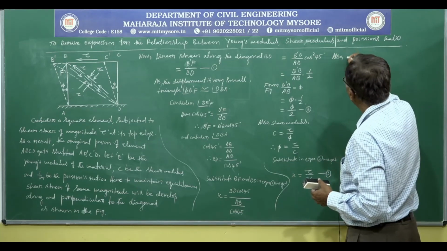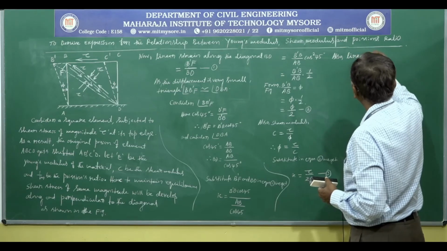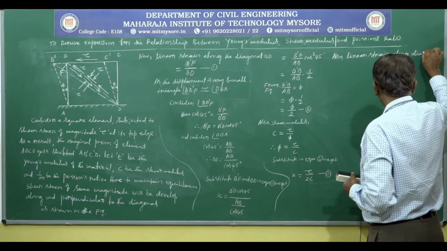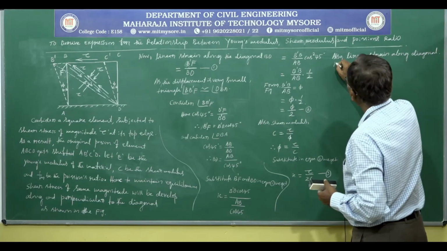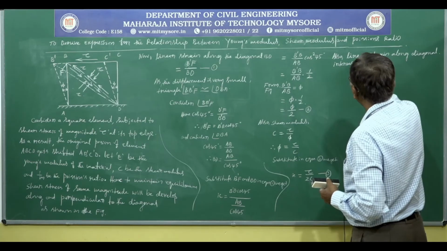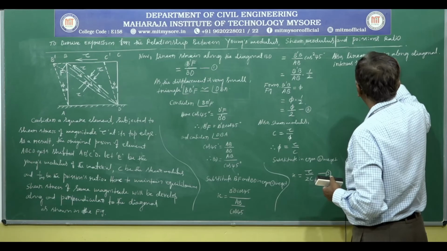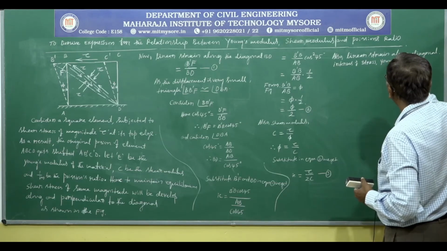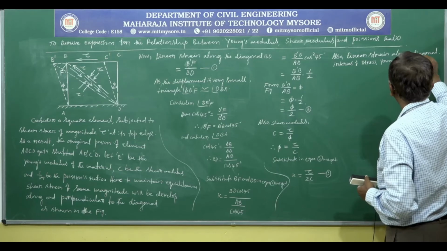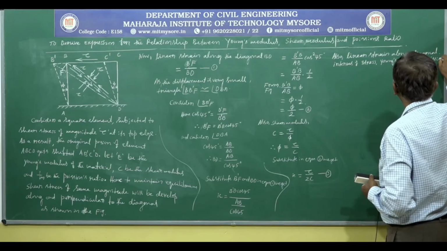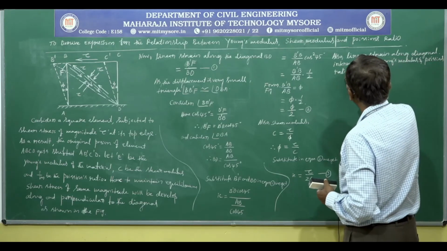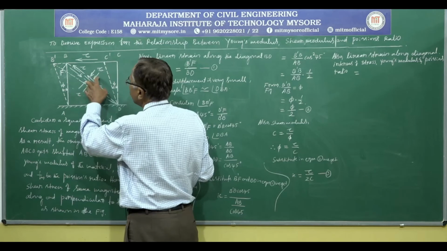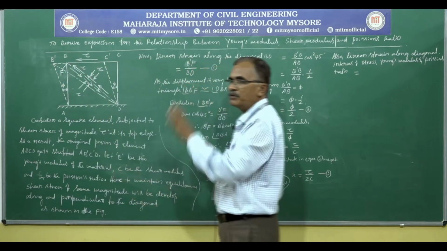Also, linear strain along the diagonal in terms of stress, Young's modulus and Poisson's ratio is equal to, here along the diagonal there develop stresses parallel and perpendicular to the diagonal to keep the system in equilibrium.